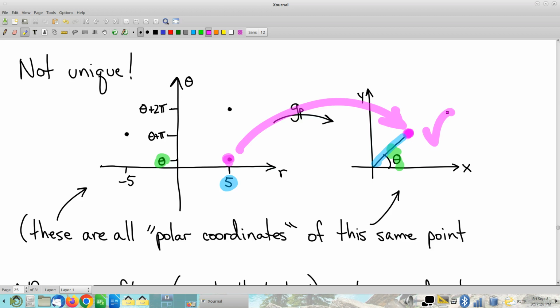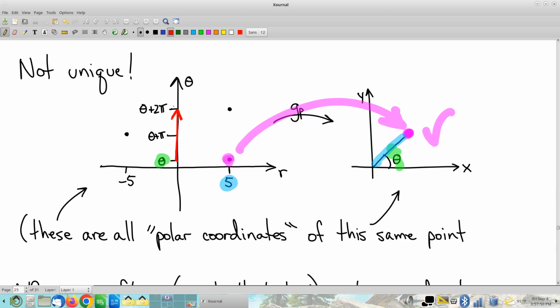Now, here's what's weird. The failure of uniqueness. What would happen if I were to take this theta value and just add 2 pi to the theta value? Well, I'm going to get a completely different set of polar coordinates, right? But what happens in the xy plane?